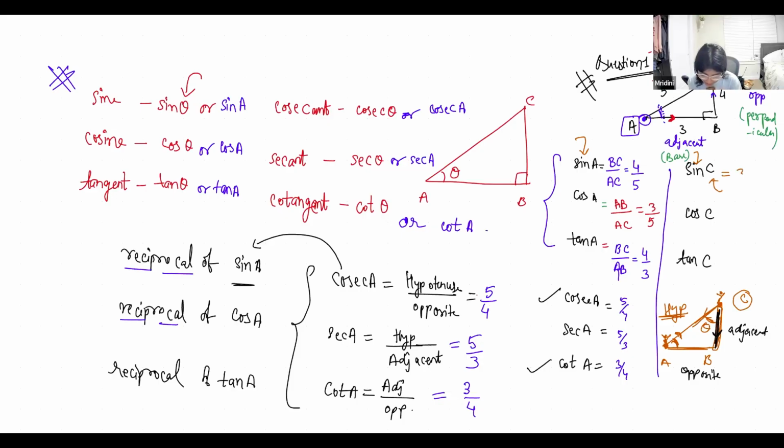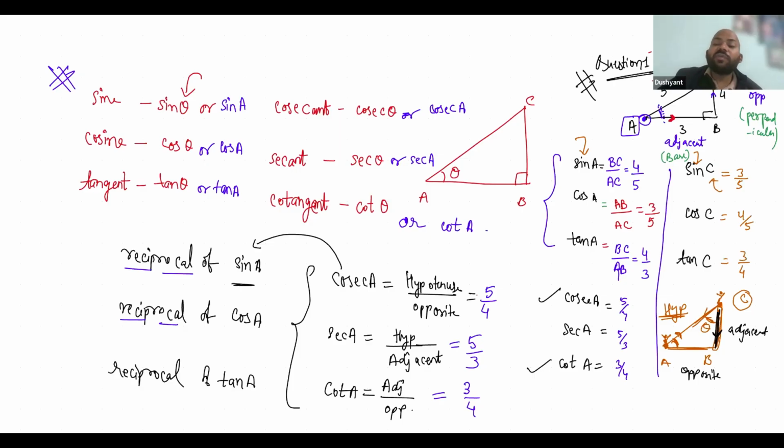Cos C, cosine would be adjacent over hypotenuse, so 4 over 5, correct? Yes, adjacent over hypotenuse. Now tangent C will be 3 over 4. Perfect.